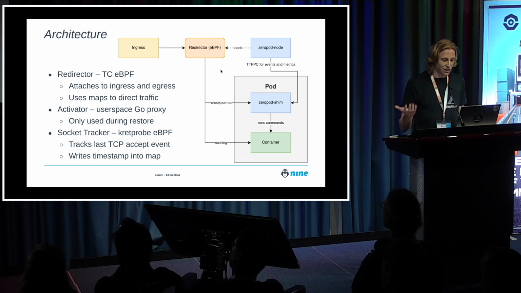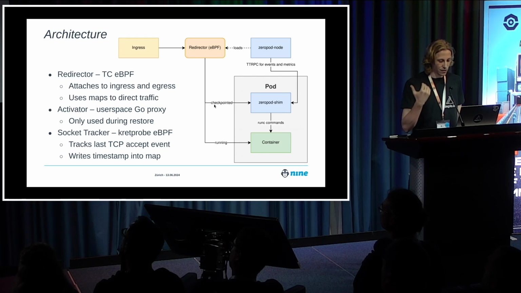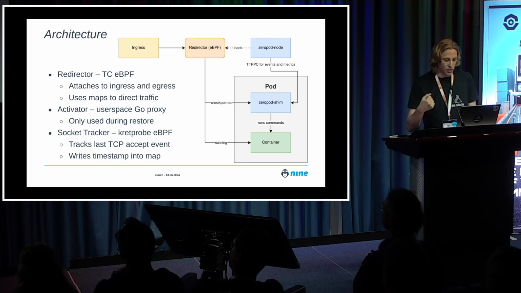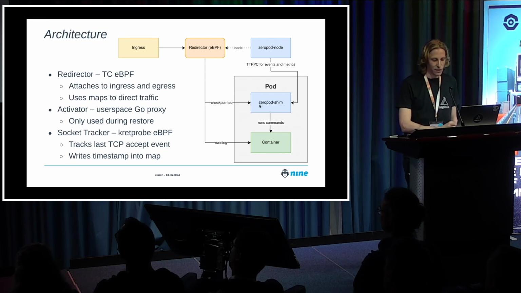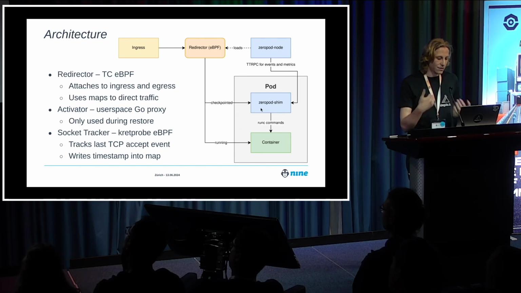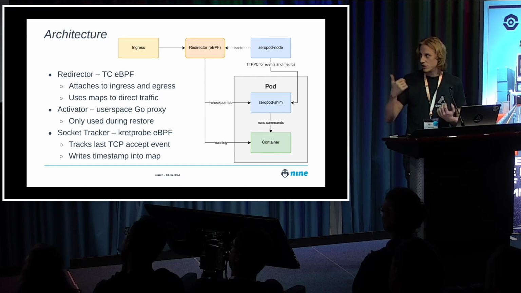If the application is checkpointed, it will rewrite the packet to change the port, and the port will be that of a little Go proxy that runs in the zero-pod shim. That little Go proxy will accept the connections and then actually do the restore.